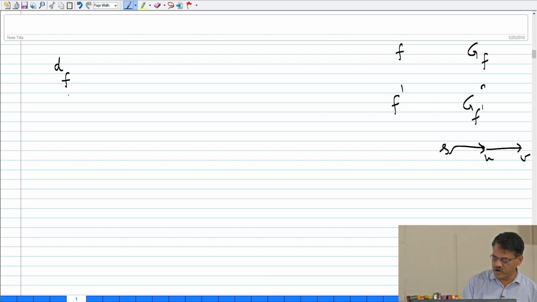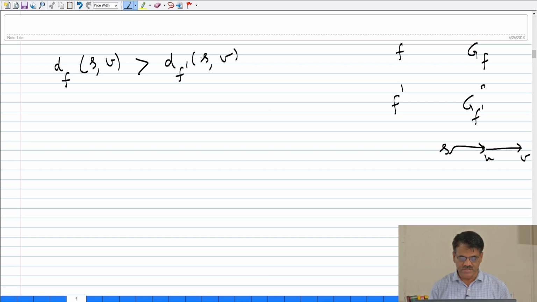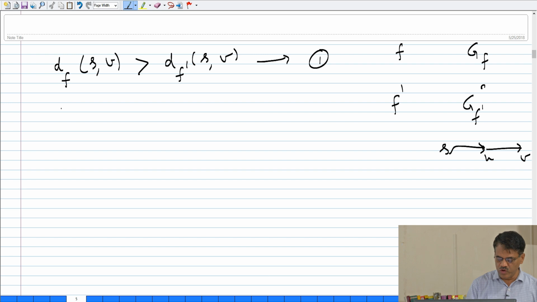It is the length of the shortest path in GF from S to V is strictly more than in F prime, right? So because the path length has decreased, this is 1, but that's not the case for U. So df SU is less than or equal to.